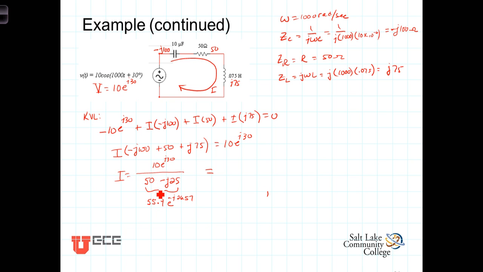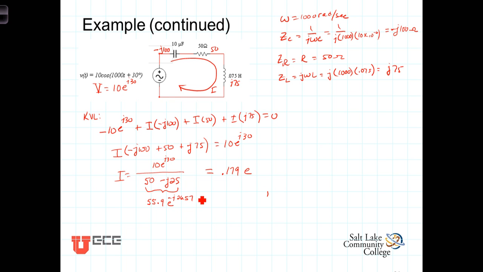So 10 divided by 55.9 gives us the magnitude. The magnitude of the numerator divided by the magnitude of the denominator gives us 0.179. Now the phase, it'll be e to the j 30 in the numerator, e to the minus j 26.57 in the denominator.